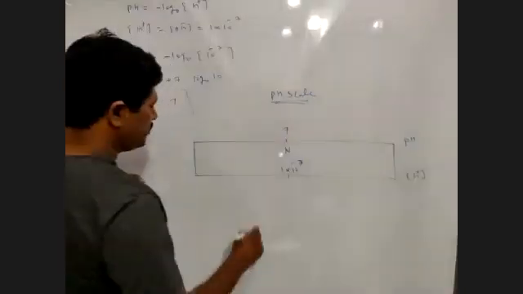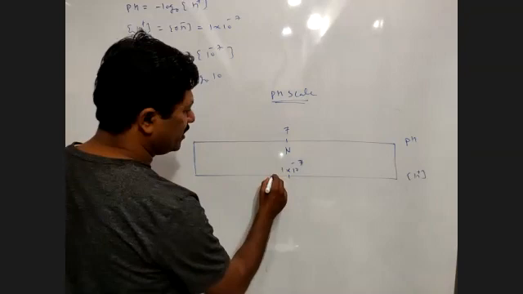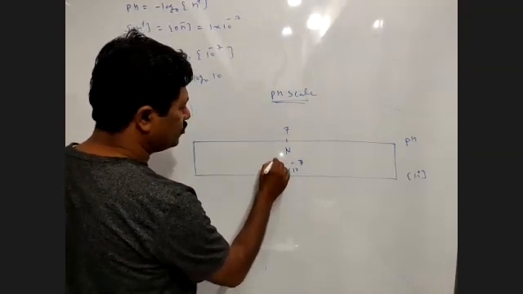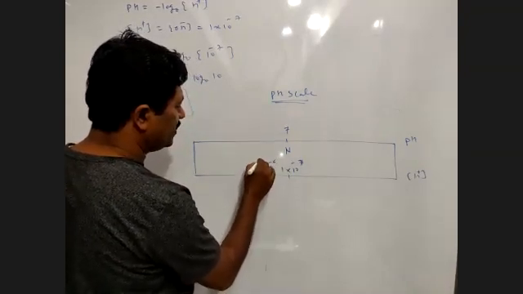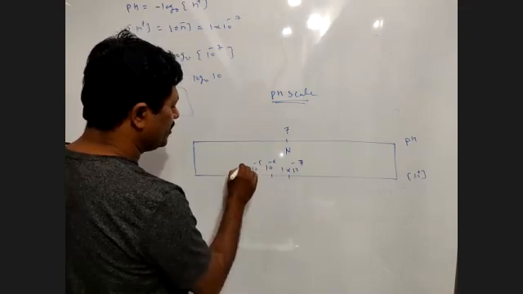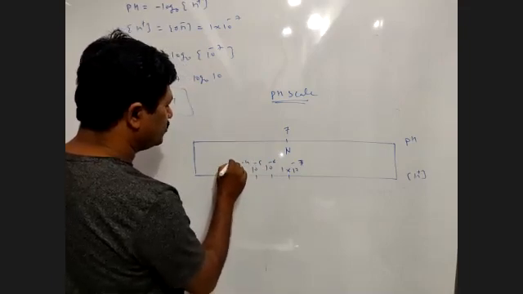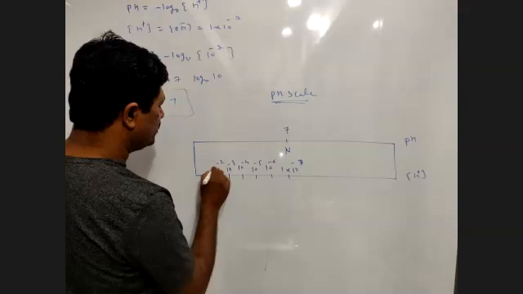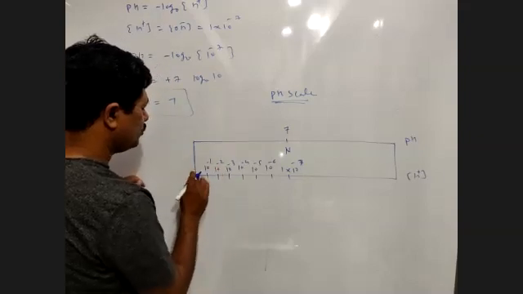So this is 1 into 10 raised to minus 7. So you can say here, you can say 10 raised to minus 6, 10 raised to minus 5, 10 raised to minus 4, 10 raised to minus 3, 10 raised to minus 2, 10 raised to minus 1.